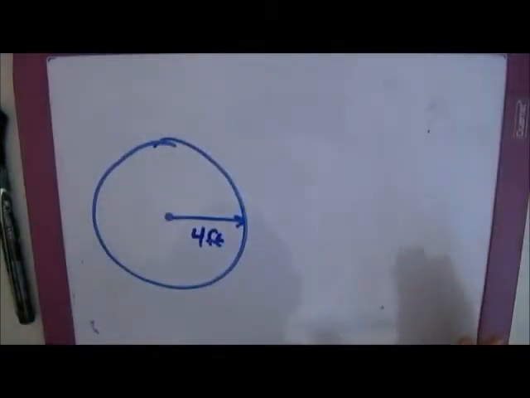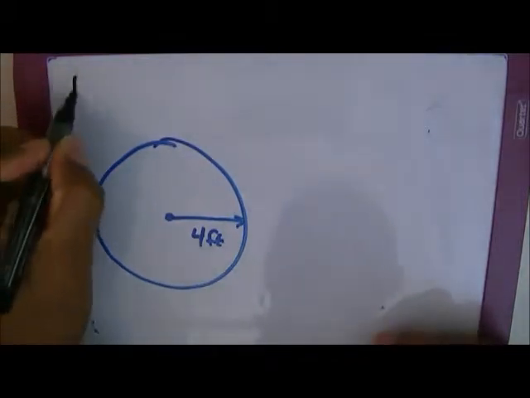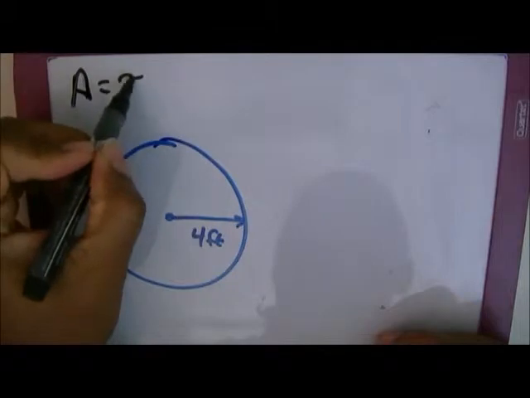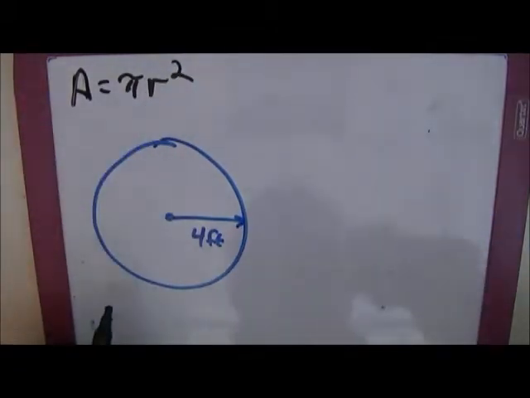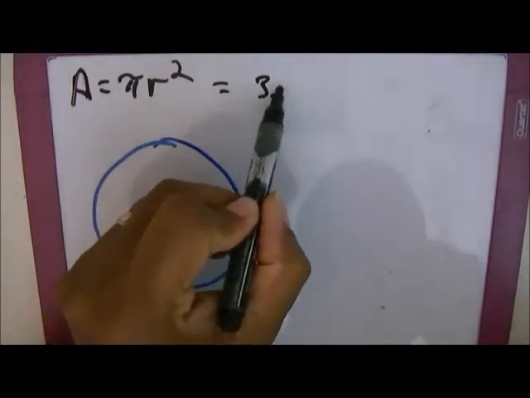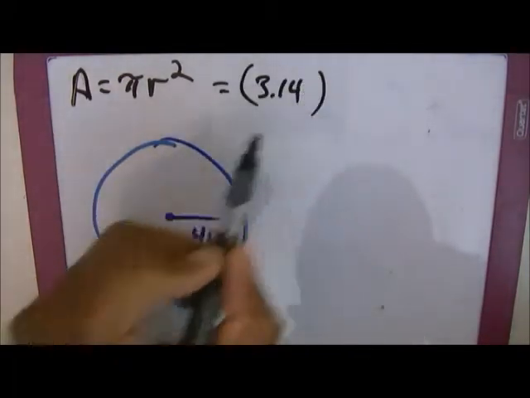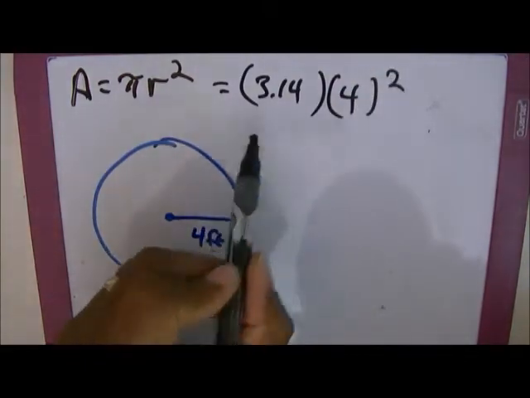Okay, next we're going to do the area and circumference of a circle. The area of a circle is pi times the radius squared. On this circle we have a radius of 4 feet, so the area would equal pi, which we'll say is 3.14, times the radius 4 squared.